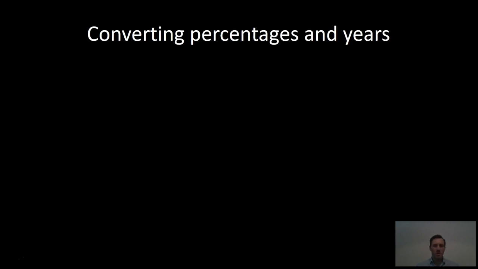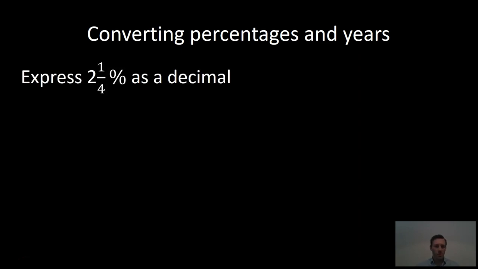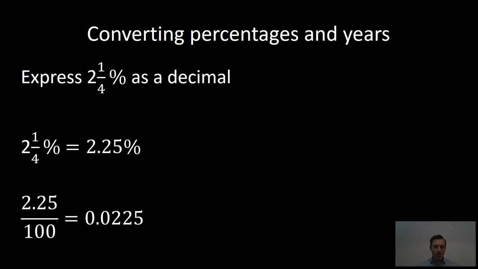Before we try the other formula, let's quickly revise a couple of conversions we'll have to do. Express 2.25% as a decimal. Here I've converted it to a decimal, but this isn't the type of decimal we want. This is still a percentage. I did this to make it easier to put it into our calculator. We need to divide it by 100 because percent means hundredth or divide by 100.